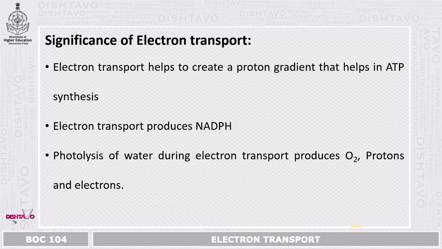The energy released during the breaking of bonds between phosphate molecules is used in various processes within the plants. Electron transport produces reducing power, that is NADPH. Photolysis of water during electron transport produces oxygen, protons as well as electrons.